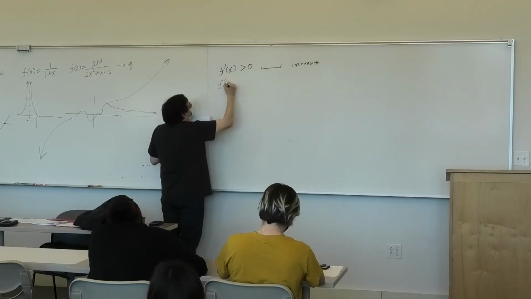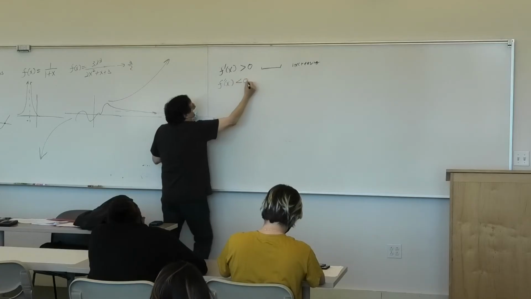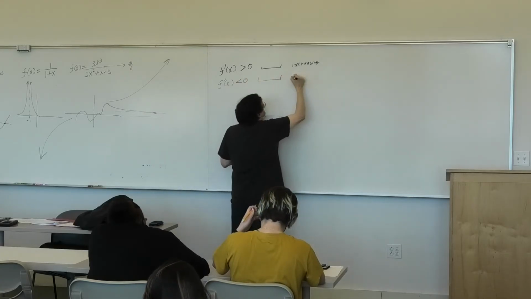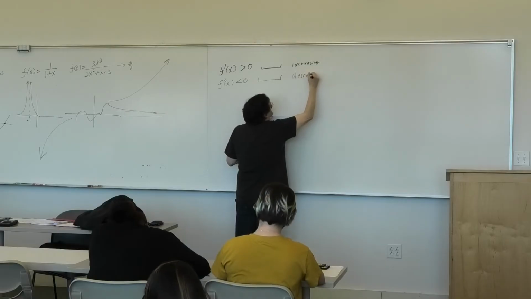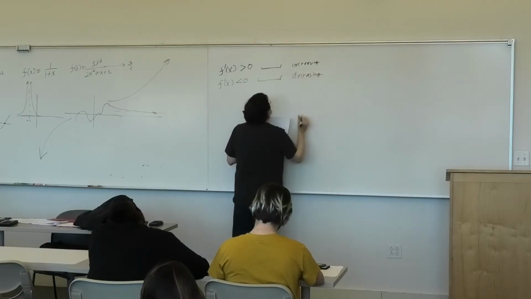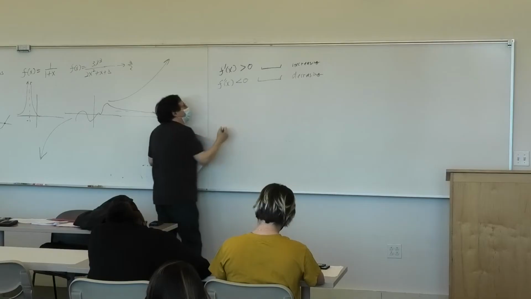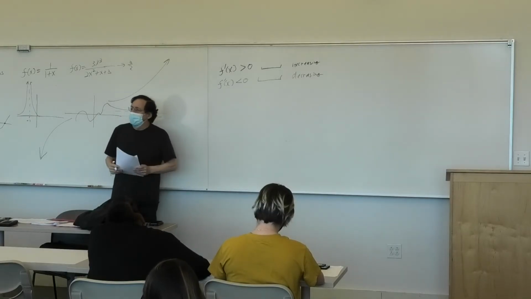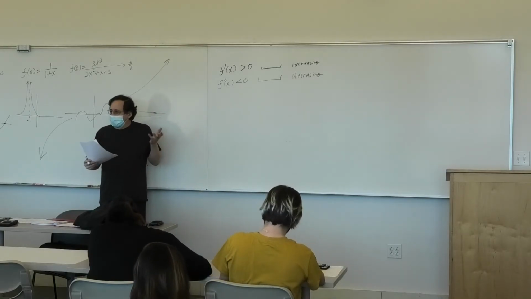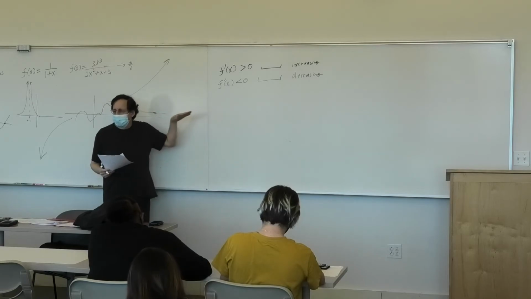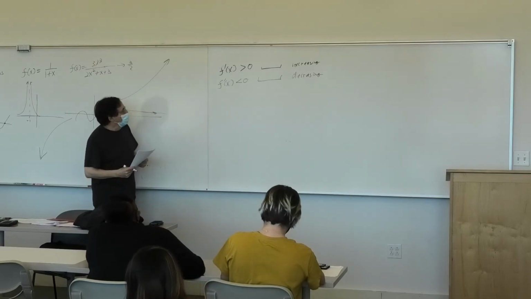If it's less than 0 on some interval, it's decreasing. Well, we're not that interested in it being 0 on an interval. That would be just a horizontal line.